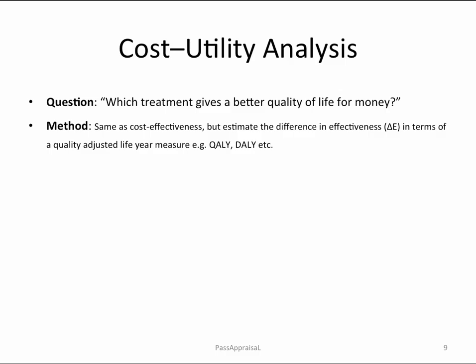Here, effectiveness is defined in terms of a quality adjusted life year measure, for example, QALY, DALY, etc. These units are called utility units as they reflect the utility or benefit directly experienced by the patient. These are survival benefits adjusted for standard of life.